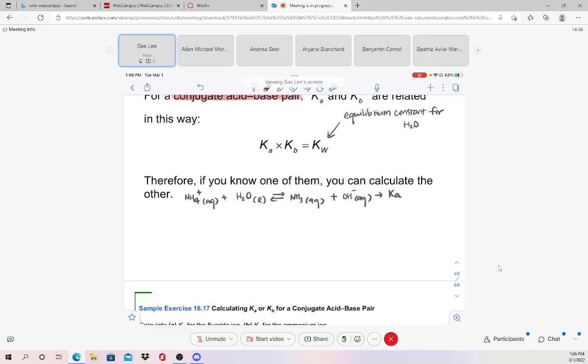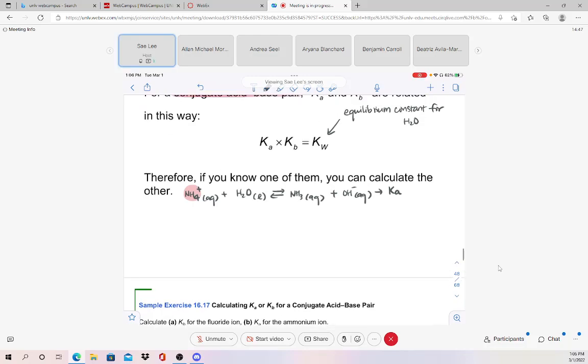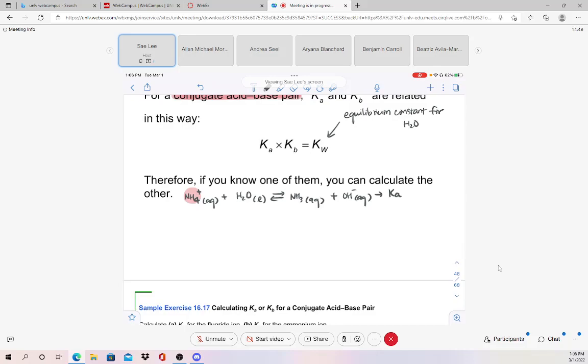Ka can be determined from this acid reacting with water. The conjugate base for this acid is going to be NH3.